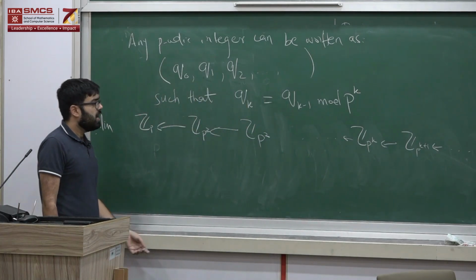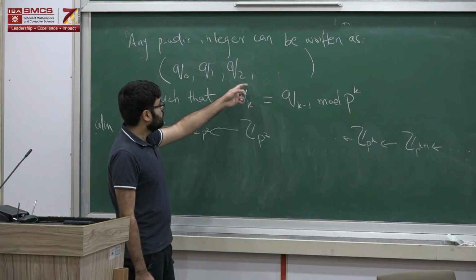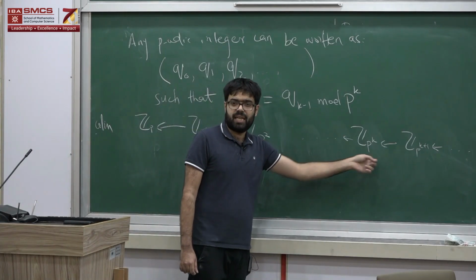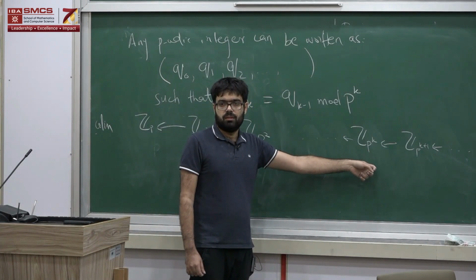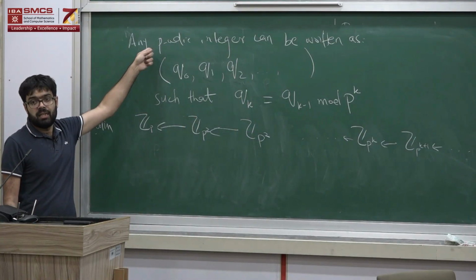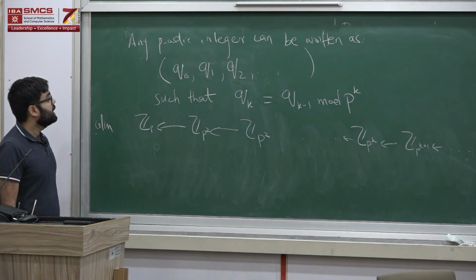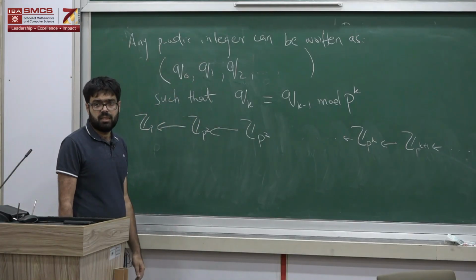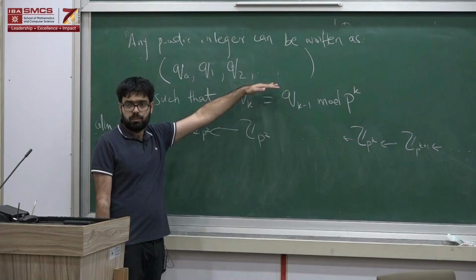So I can even consider them as a sequence of rings. And I want to define a bigger group that captures all these maps. And this is obviously this p-adic integer, and it is such a p-adic integer. So this is an infinite tuple of elements.